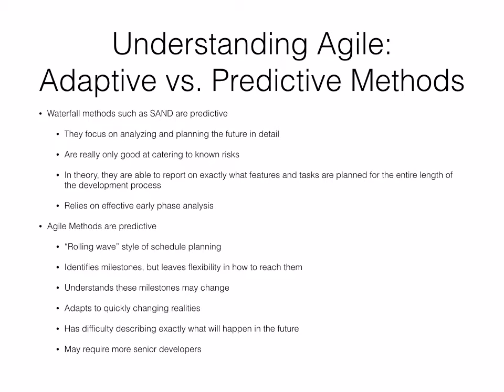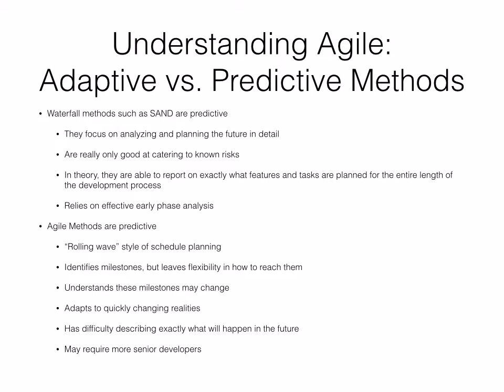In contrast, Agile methods are adaptive, where it's kind of this rolling wave of continuous planning. There's constant planning always going on. It identifies milestones, but it also leaves things very flexible in how to reach them, because there's an understanding that these milestones may and will change. So you have to quickly adapt to these changing realities.